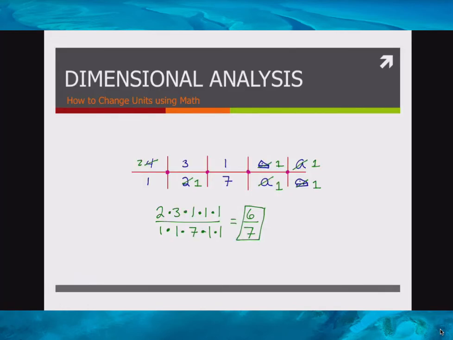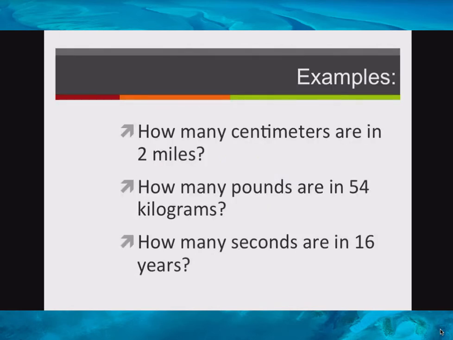Dimensional analysis, that was just our intro activity. Let's go ahead and look at this. Here are some examples of the kinds of problems that we can solve using this method. Any sort of conversion, so long as we are dealing with units that are compatible. Let me explain what that means. How many centimeters are in 2 miles? Are centimeters and miles compatible?